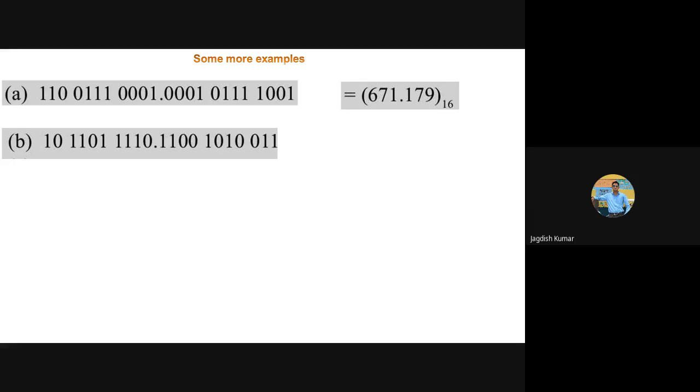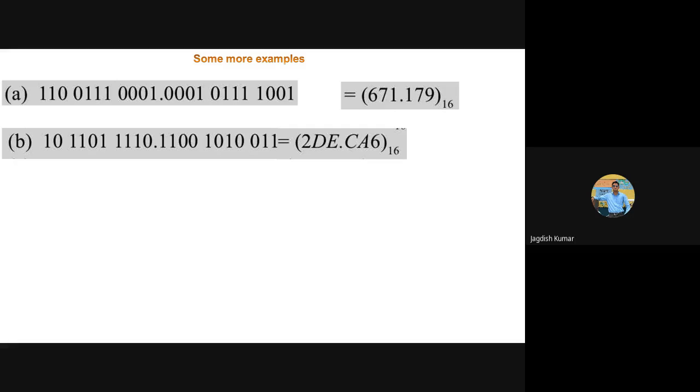Anshul is the fastest. 2DE.CA6. Let us see if it is so. 2DE.CA6. Correct. Very good. So most of you got it correct.